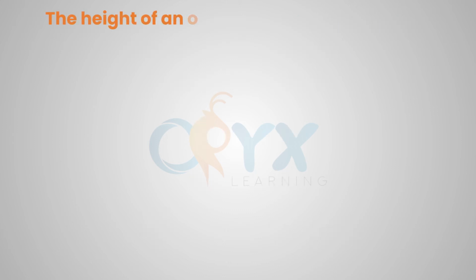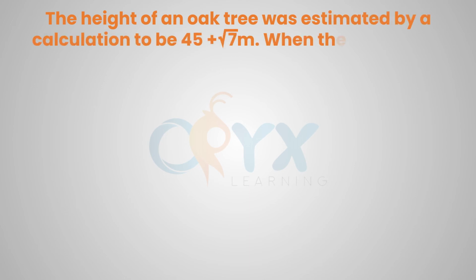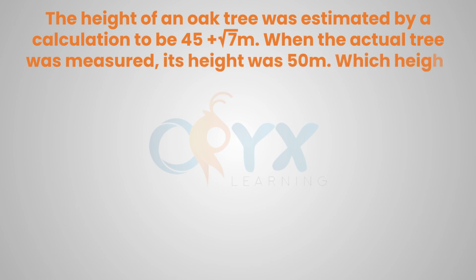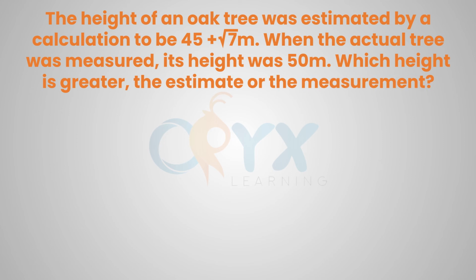The height of an oak tree was estimated by a calculation to be 45 plus the square root of 7 meters. When an actual tree was measured, its height was 50 meters. Which height is greater, the estimate or the measurement? Again, if we change both numbers over to decimals, they'll be much easier to compare. So let's start with the square root of 7.